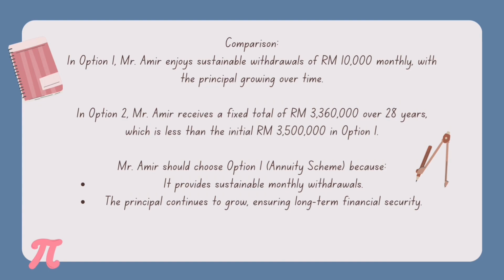So the final recommendation for Mr. Amir is that Mr. Amir should choose option 1, which is the annuity scheme, because it provides sustainable monthly withdrawals and the principal continues to grow, ensuring long-term financial security.